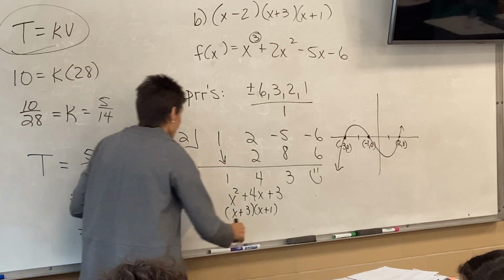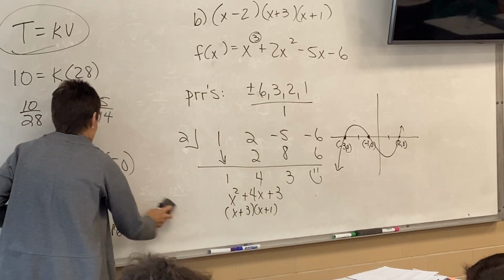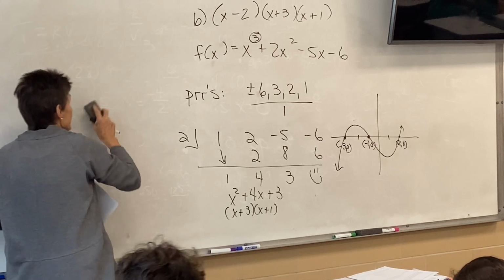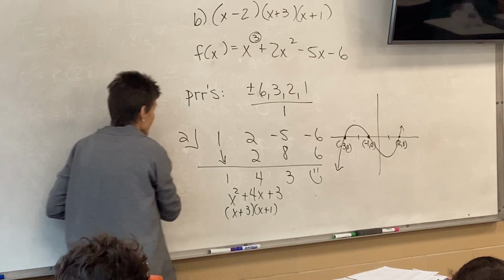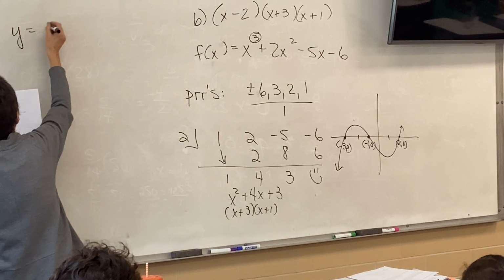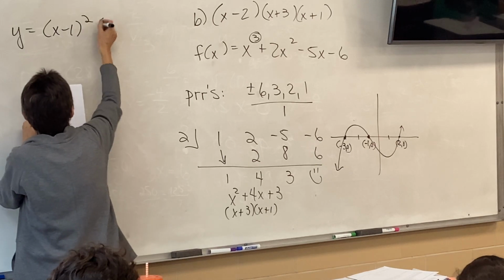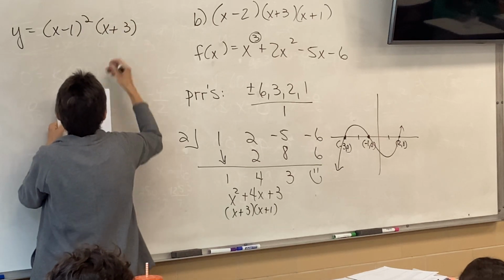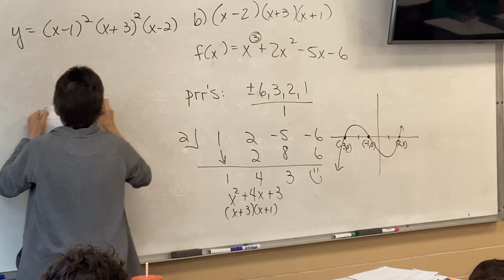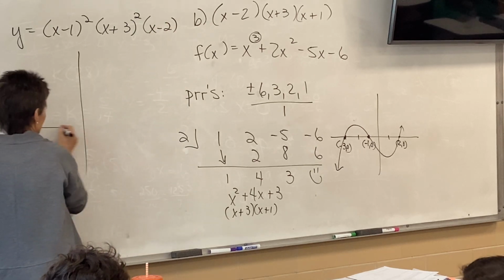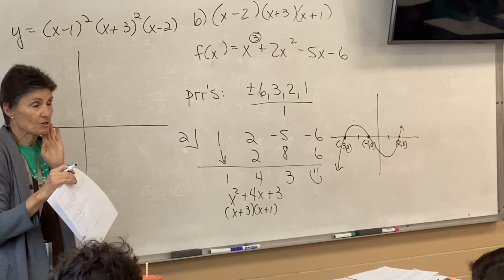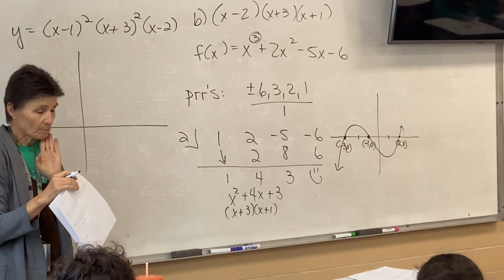All right, number 7. Sketch. Now, the good news is that number 7 is already factored for you. So what do we do to get this thing sketched? Plot the points.